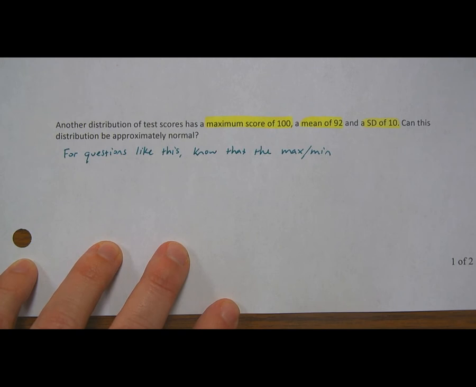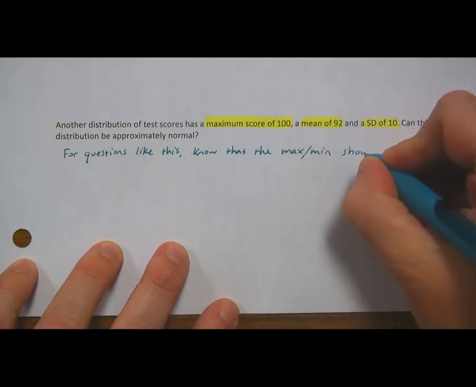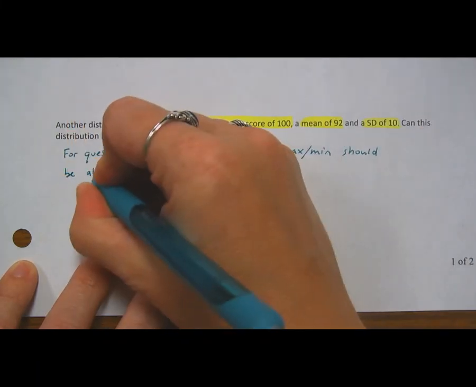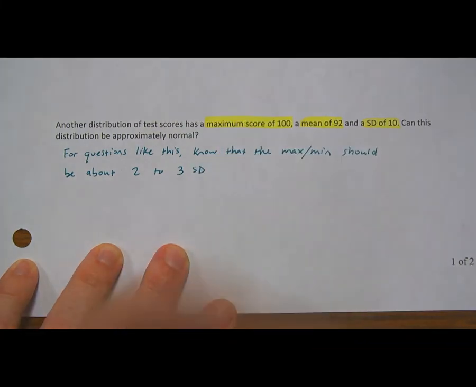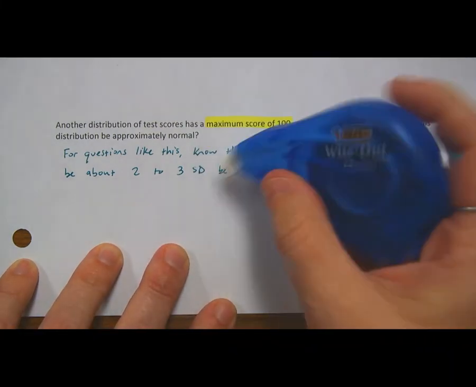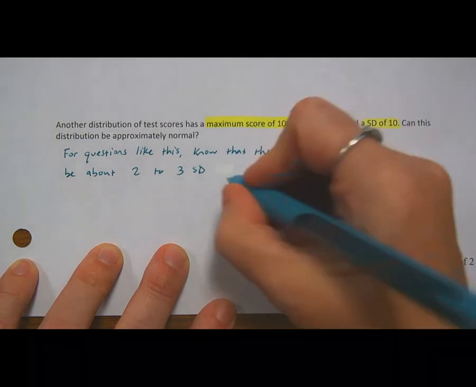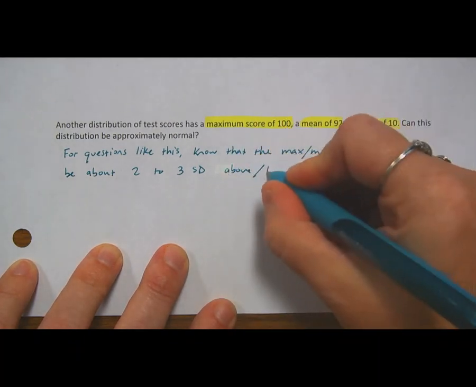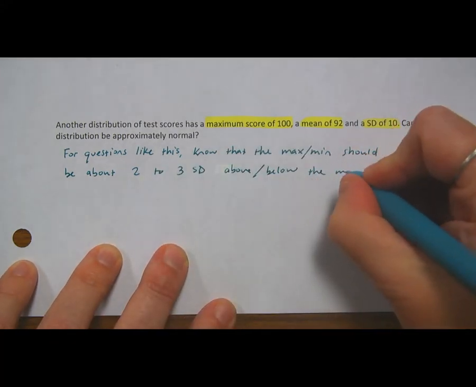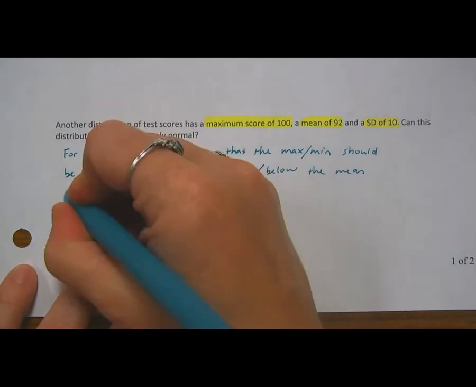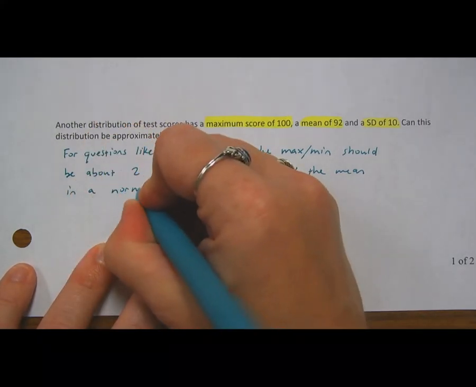If it tells you the maximum or minimum, or shows you the maximum or minimum and the mean and standard deviation, then you need to understand that the maximum or minimum should be about 2 to 3 standard deviations above or below the mean. Above for maximum, below the mean would be where the minimum is, in a normal distribution.